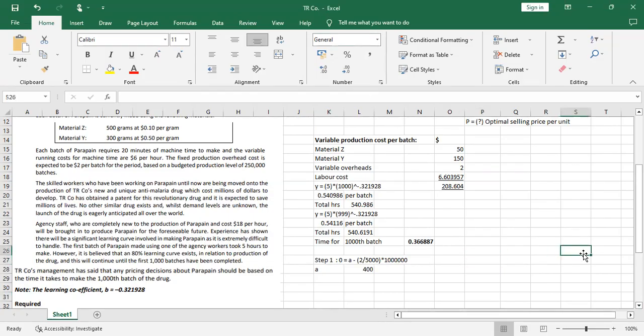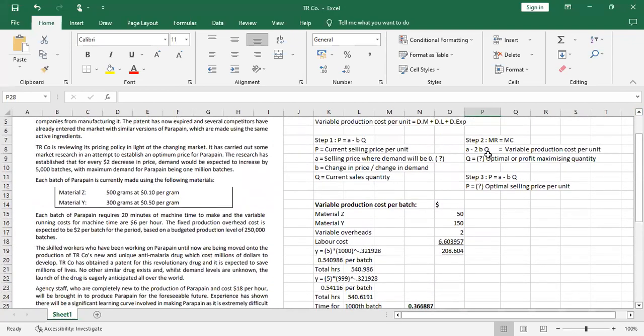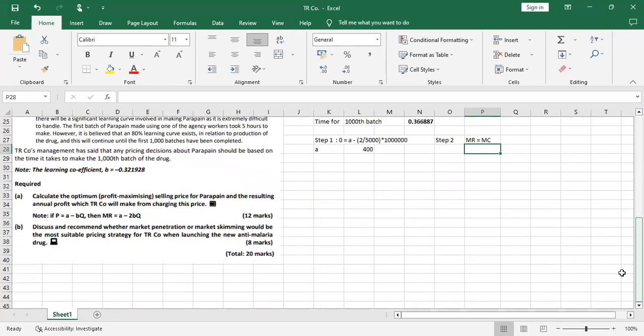Okay, now we will do what? Now we will solve step number 2, where MR is equal to MC. So now we will replace MR, which is basically A minus 2BQ. So A is now 400, minus 2 is the constant.